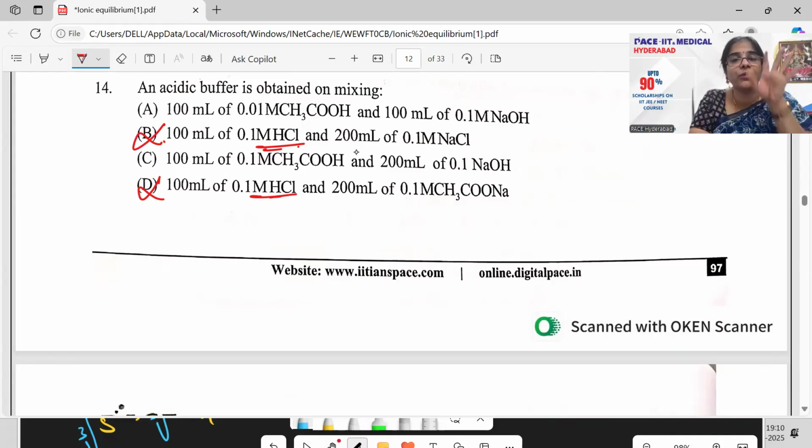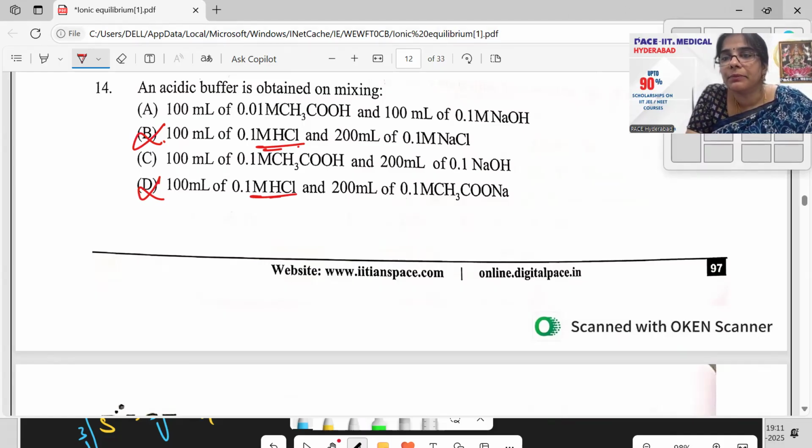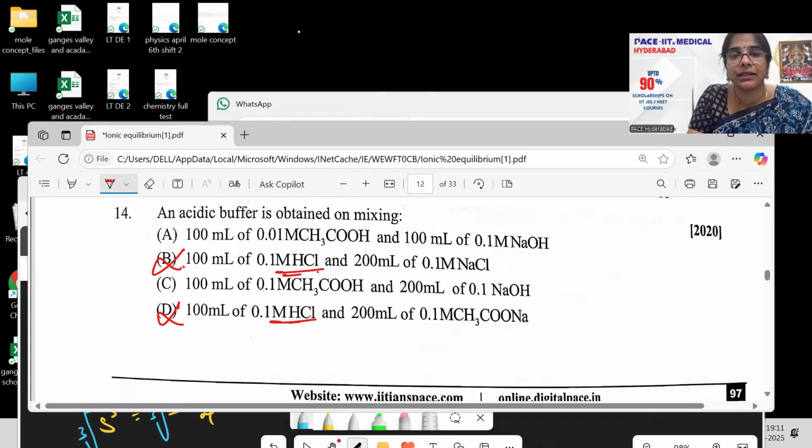Weak acid and you have your NaOH given, strong bases are given here. So let us go on doing these things again. Acidic buffer was asked. One second. Let me go back to the question again.